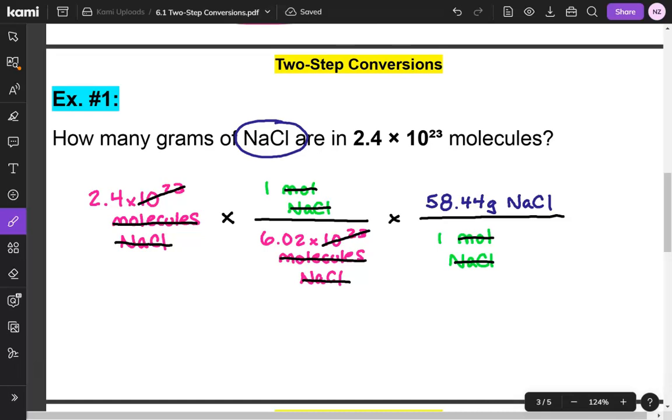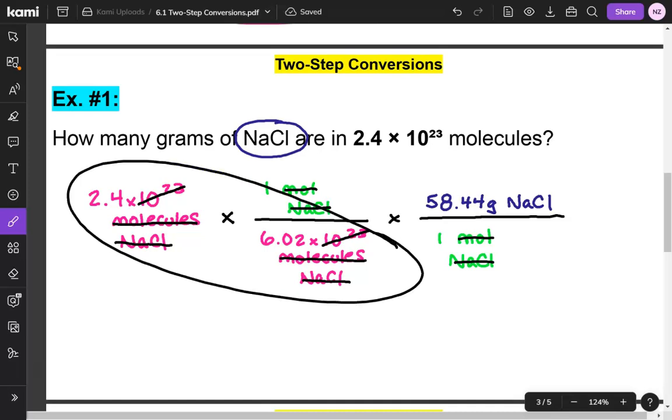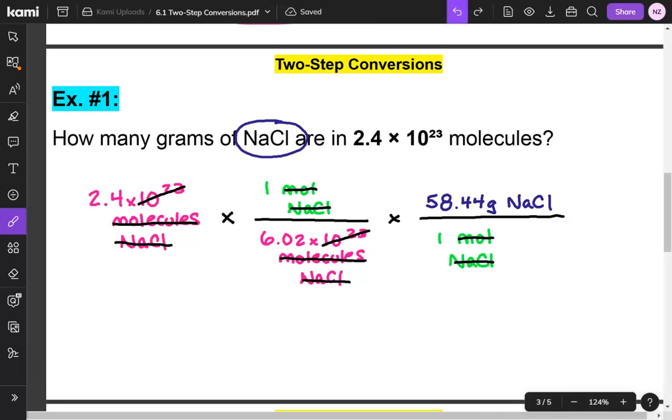Okay, so that's it. Now, putting this in your calculator is a little tricky. We have 3 different things, and they're all being multiplied together. So let's go through the calculation. To do these first two numbers, 2.4 times 1 over 6.02, that's the same as division.